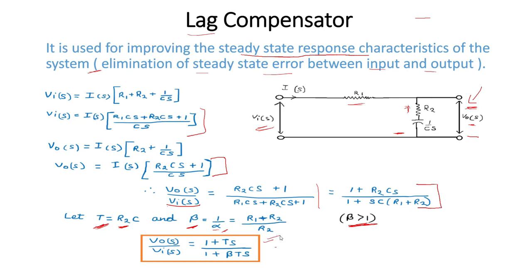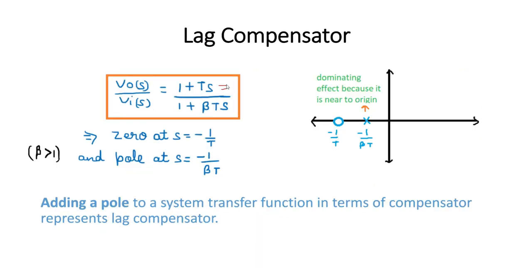So we can say that transfer function of lag compensator is (1 plus Ts) upon (1 plus beta Ts). So here your zero is at S is equal to minus 1 upon T, and the pole is at S is equal to minus 1 upon beta T. And since beta is greater than 1, therefore pole is near to the origin.